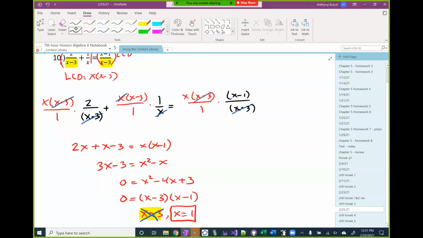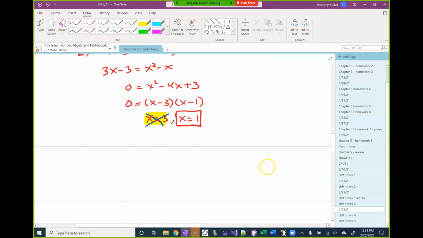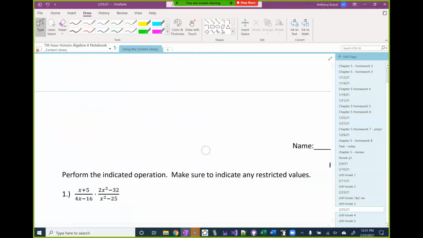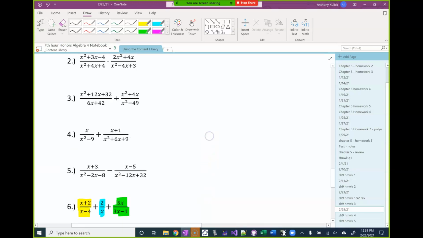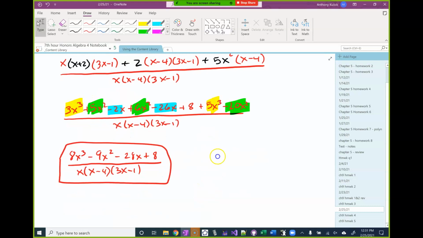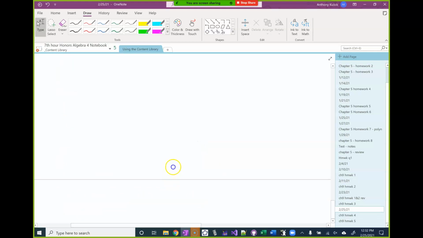So these last 2 topics that we're going to start are graphing topics. The first topic we'll talk about is graphing simple rational functions.